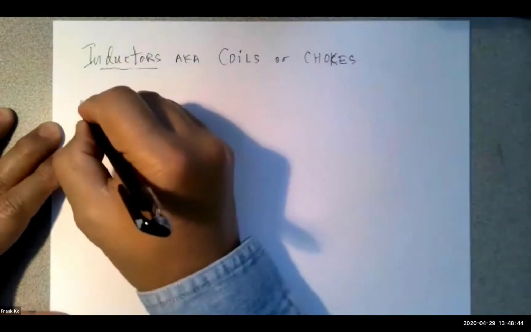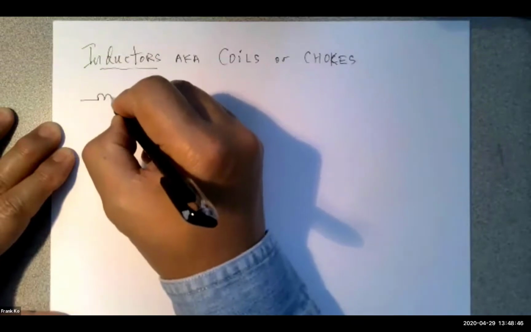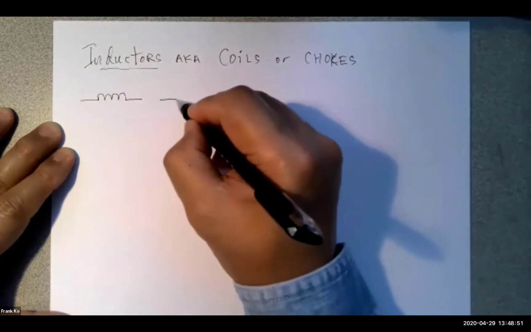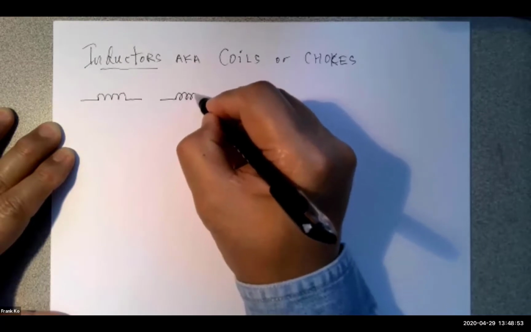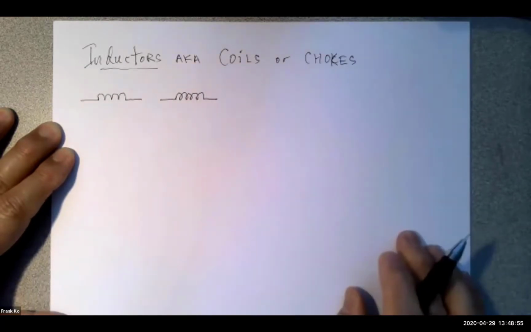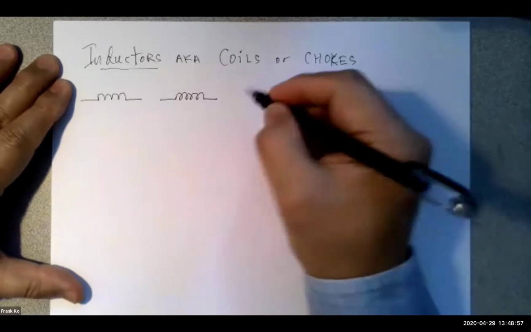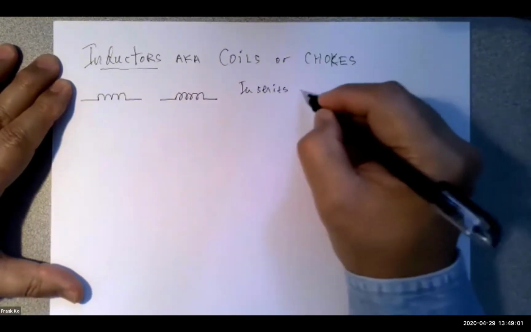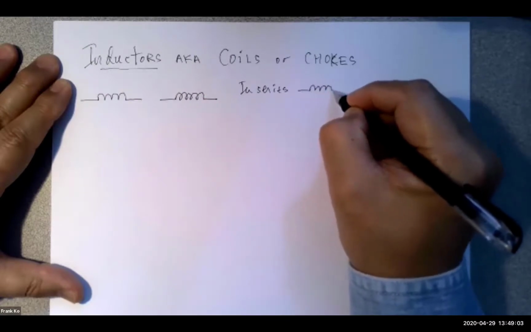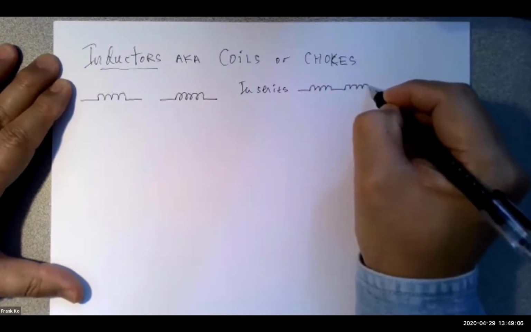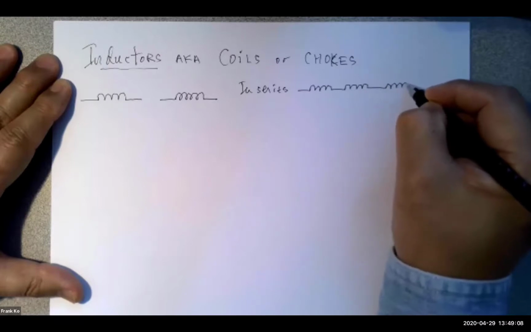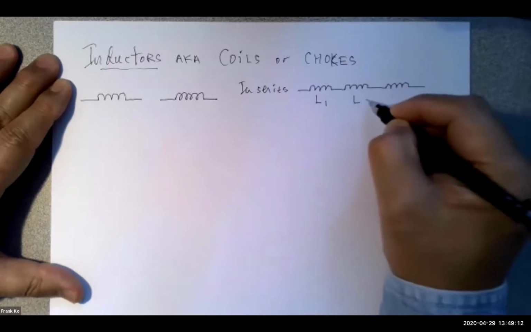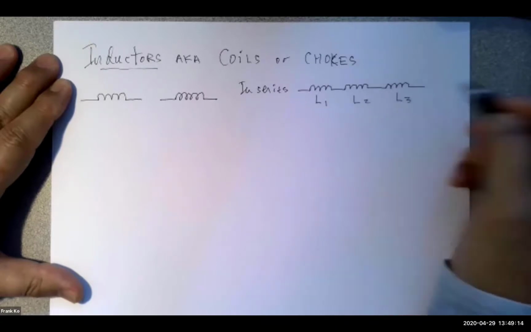And then they're shown symbolically like so, or they could also be shown symbolically like so. And when you have them in series, the symbol is L, so L1, L2, and L3.